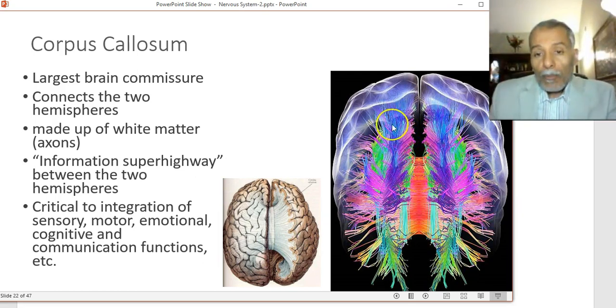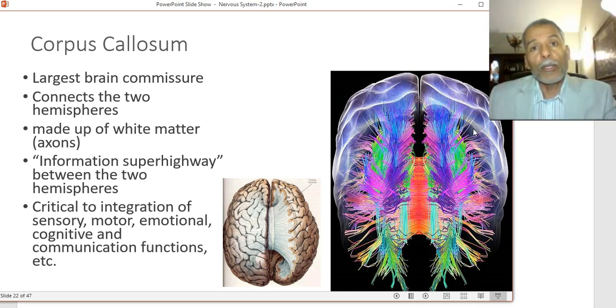You need both sides of your brain. One side is dominant for certain functions, and the other side is dominant for others. And in order to have normal functioning, you have to integrate, you have to blend the functions of the right and left hemispheres. So the corpus callosum is very important for that integration.